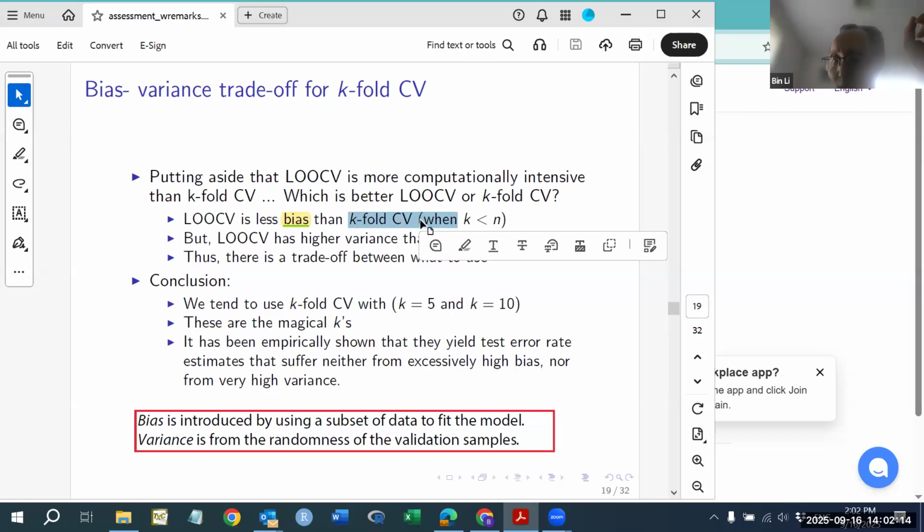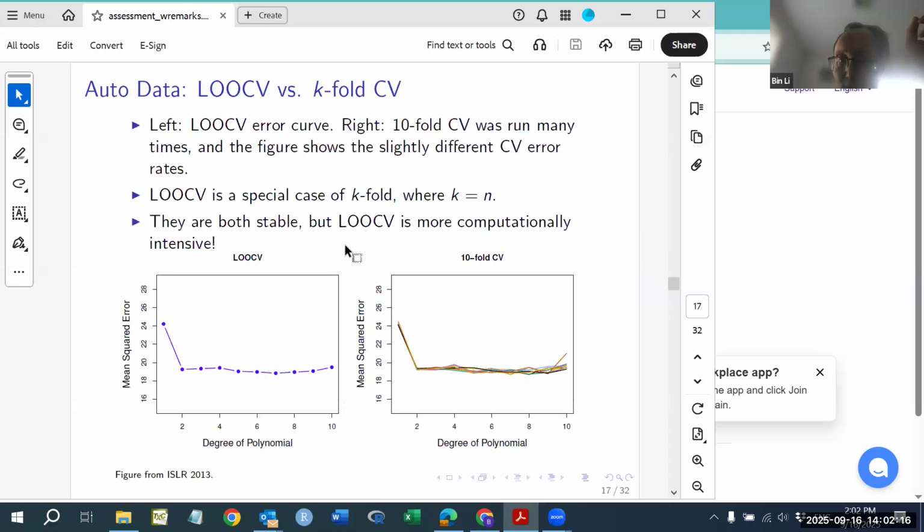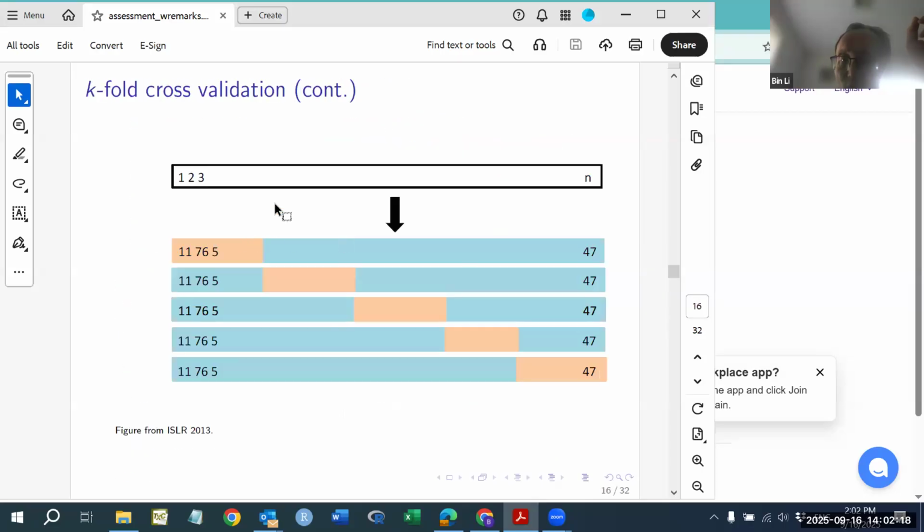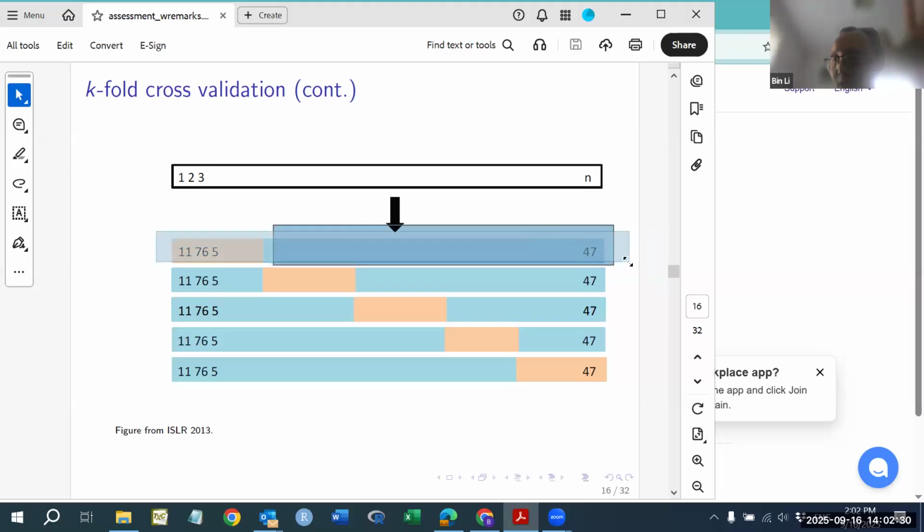Why? Because the sample size is decreasing. If we do the k-fold, we only use that many observations as training, so the model will be inferior compared with using the whole data set. That is where the bias comes from, right?